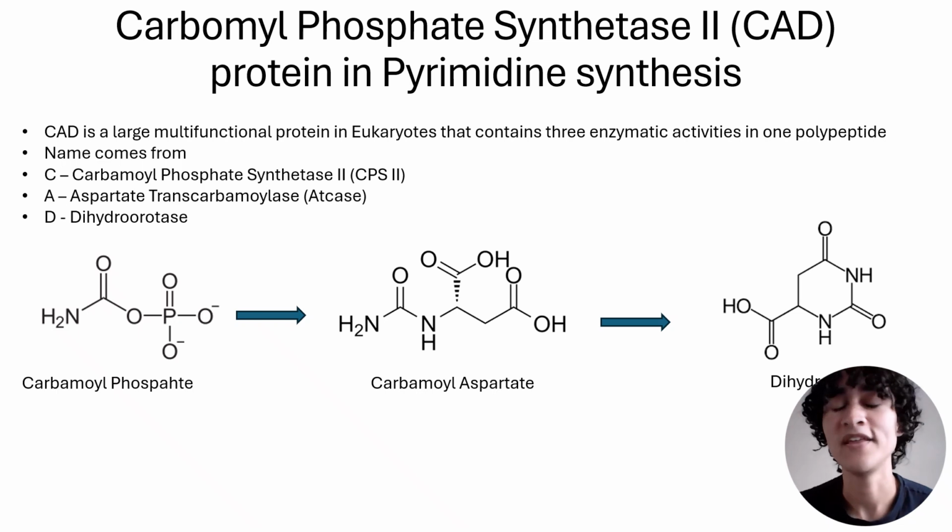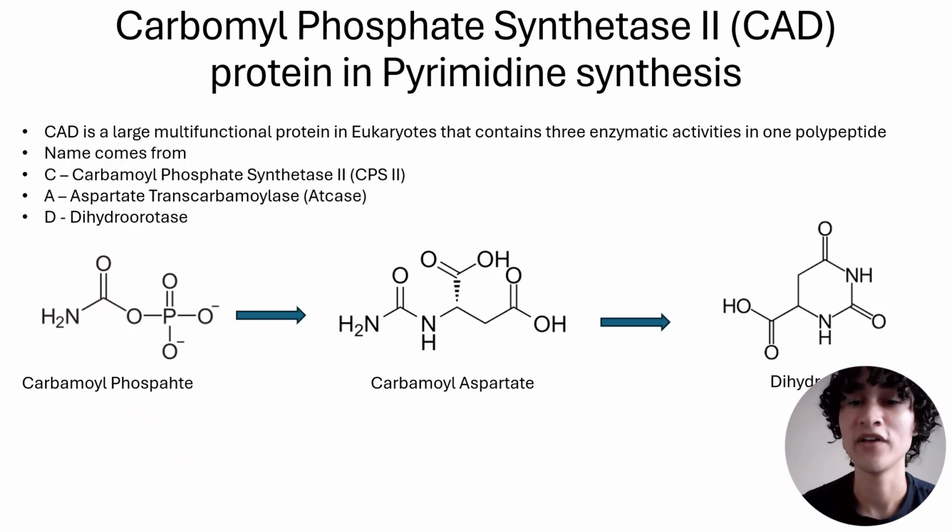So the CAD enzyme has 3 domains in eukaryotes. The first domain is the C domain, or the carbamoyl phosphate synthetase domain, CPS2, type 2. The second domain is the aspartate transcarbamylase domain, or the ATCase domain, and the third domain is the dihydroorotase domain. The dihydroorotase domain is really important in the cyclization.